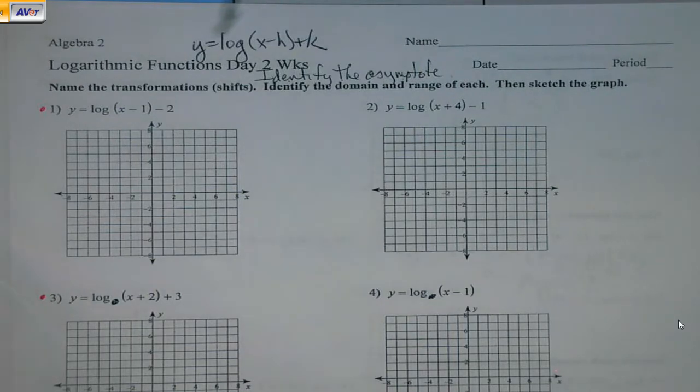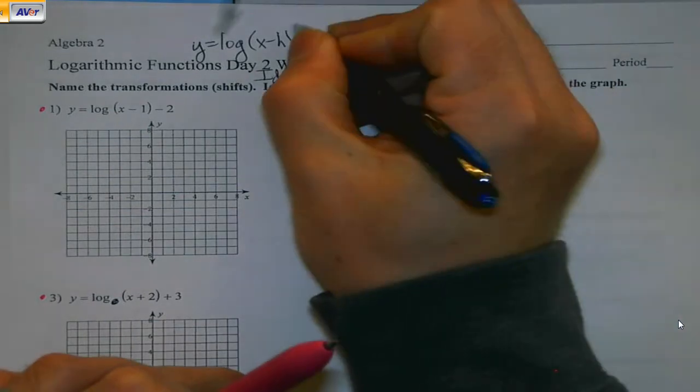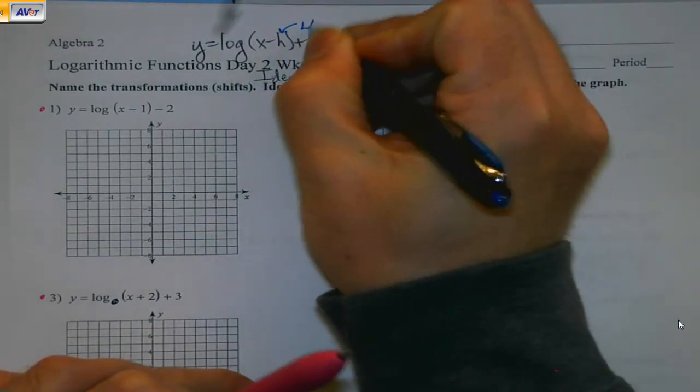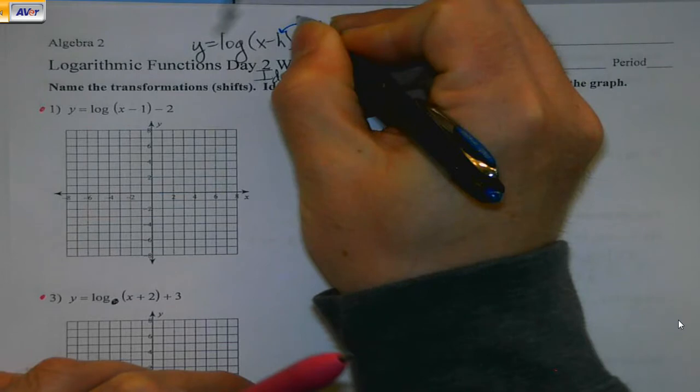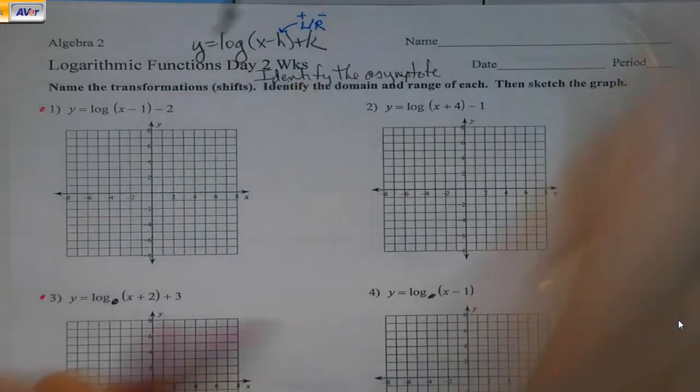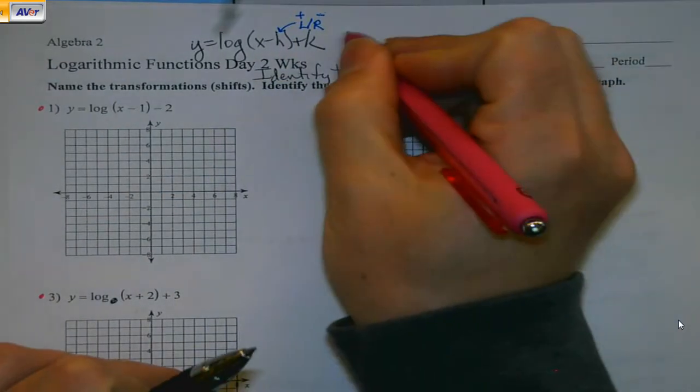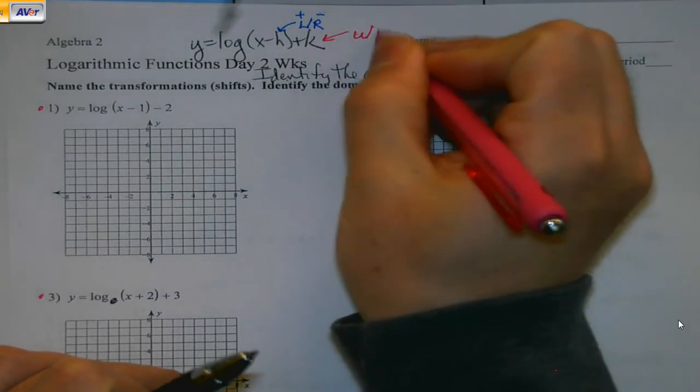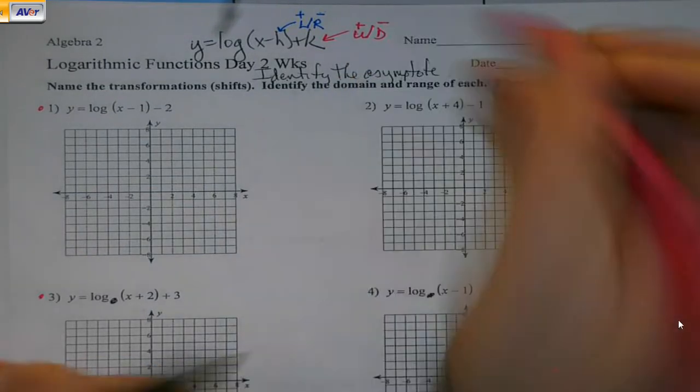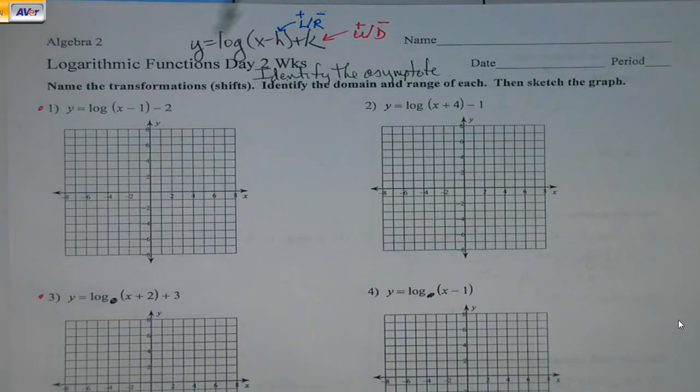So when we're doing these, again, my left and right is going to be what's in the parentheses. And my up and down is going to be what's outside in my K value.